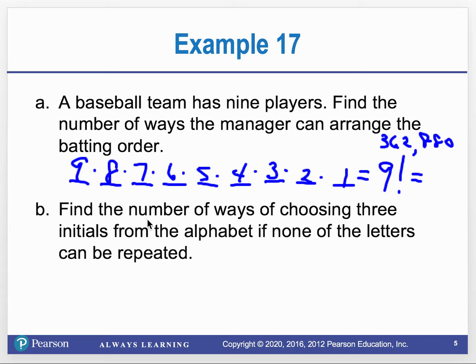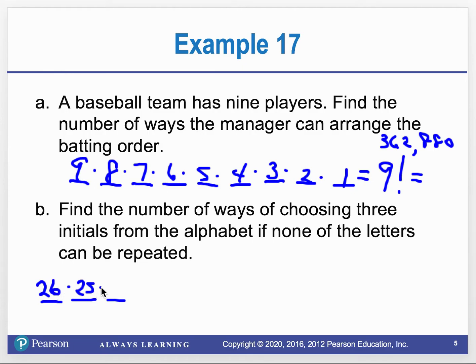Okay, what about this one? Find the number of ways of choosing 3 initials from the alphabet if none of the letters can be repeated. So 3 initials, that's 3 blanks I'm going to fill in. If none of the letters can be repeated, how many letters are in the alphabet? 26 letters to choose from first, anything from A to Z. But once I've used one of the letters, since I can't repeat them, there's 25 left.